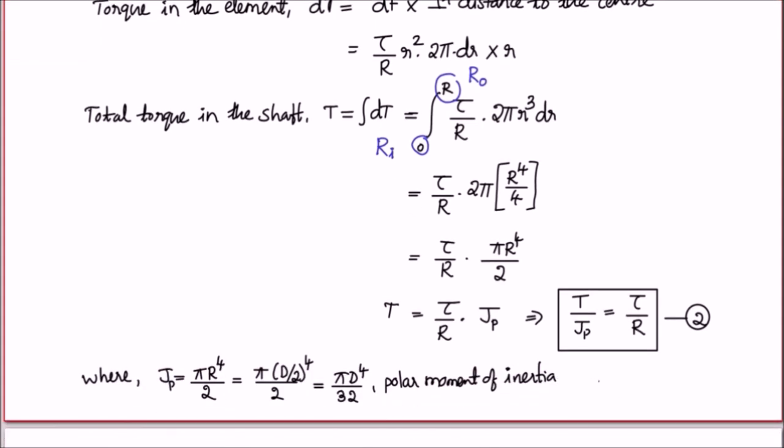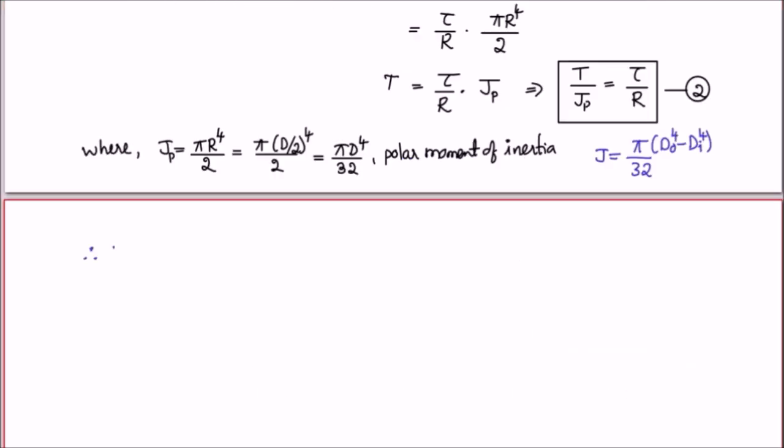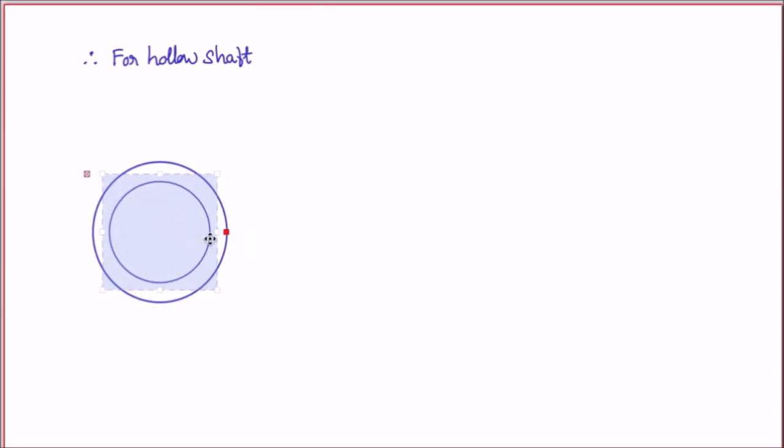So you would have got J is equal to pi do power 4 minus di power 4 divided by 32. So I will write the result here for a hollow cross section. The hollow cross section will be like this. This is the hollow cross section, and I'll call this inner radius as Ri and outer radius as Ro, or in terms of diameter it is called Di and Do.